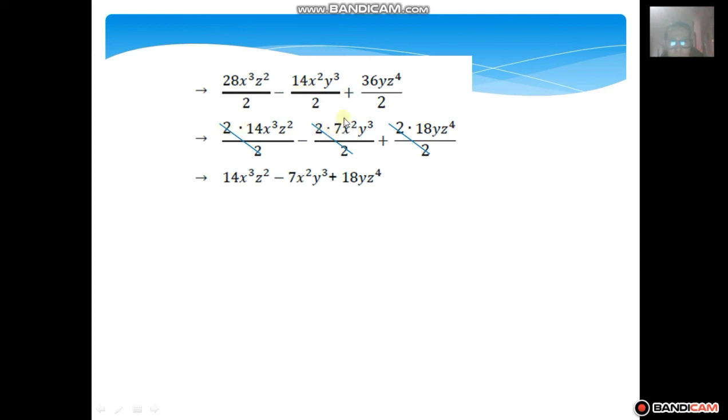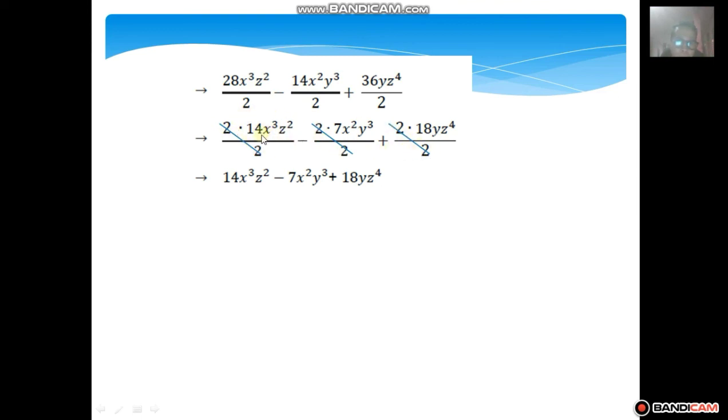We have 14 here, the factors are 2 and 7. Then 36, the factors are 2 and 18. Since we do not have variables in the denominator, our variables in the numerator need not be factored out. Then we will do the cancellation. Cancel this one, and this one also.